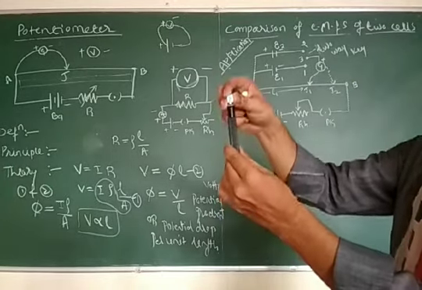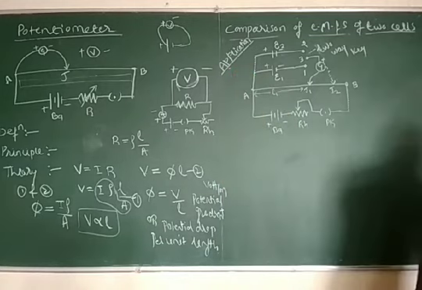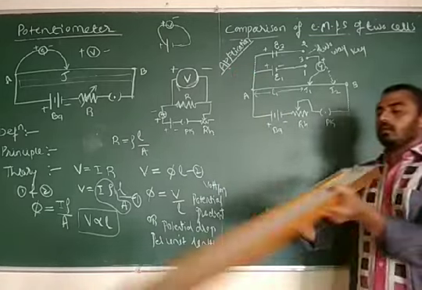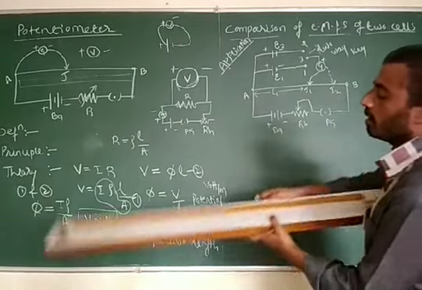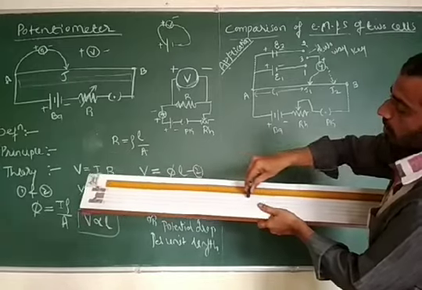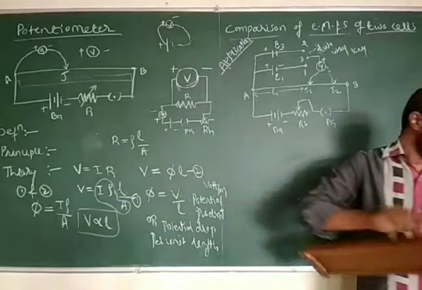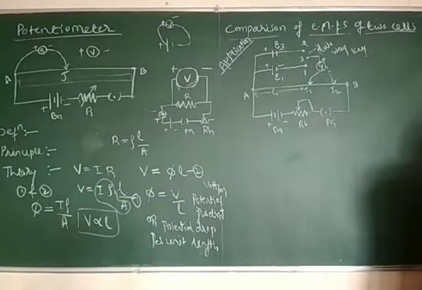This is the jockey, a metallic contact with which we can slide over the potentiometer wire, just as we did in the case of a meter bridge. This is about the connection.